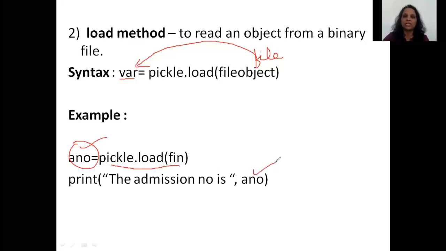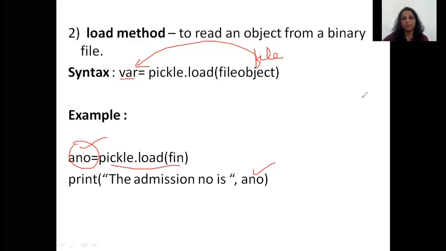So I'm displaying the admission number. So are these two functions clear? Dump works like write and writelines of a text file, transferring data to the binary file. Load works like readline or readlines of a text file, that is transferring data from the file into your variable in the program so that you can do some calculations or just display it. In this scenario, I have just loaded the admission number and displayed it to the user.